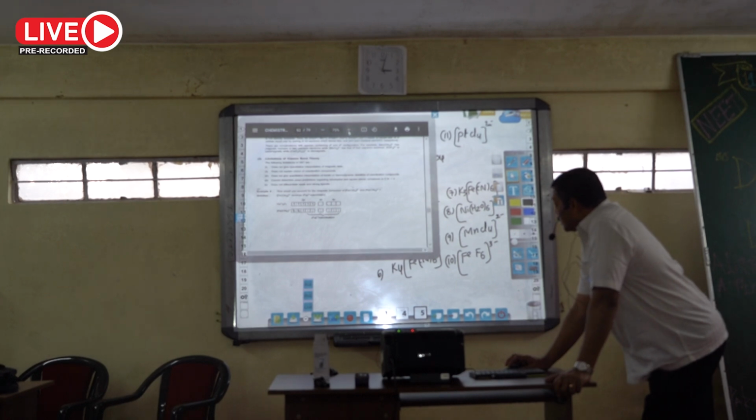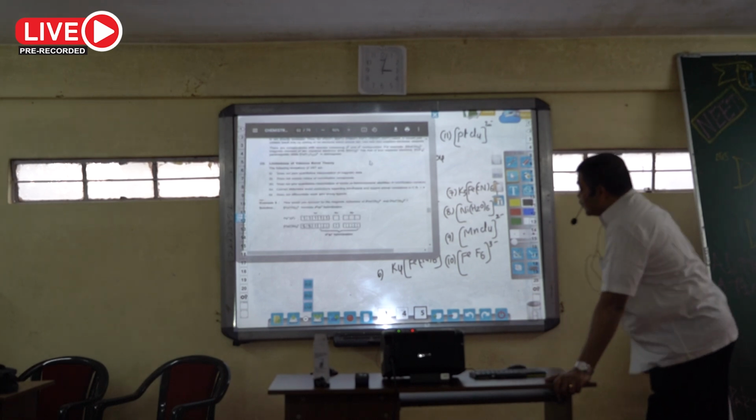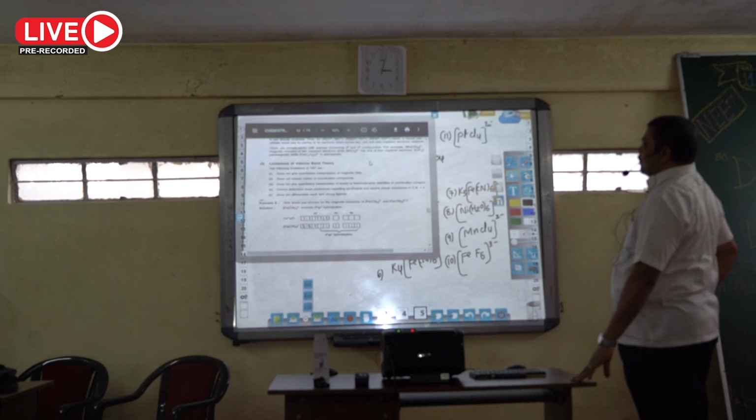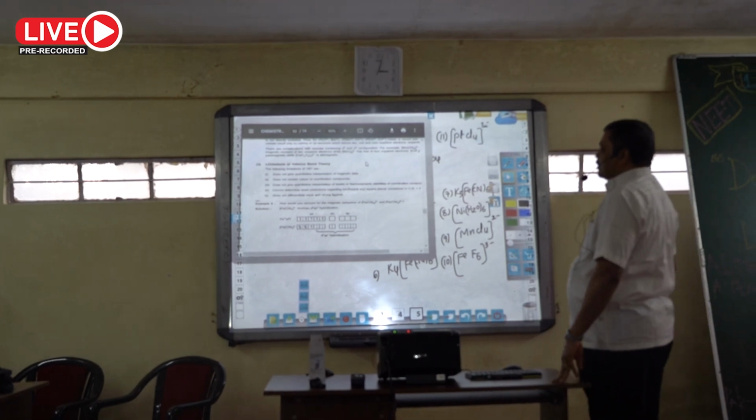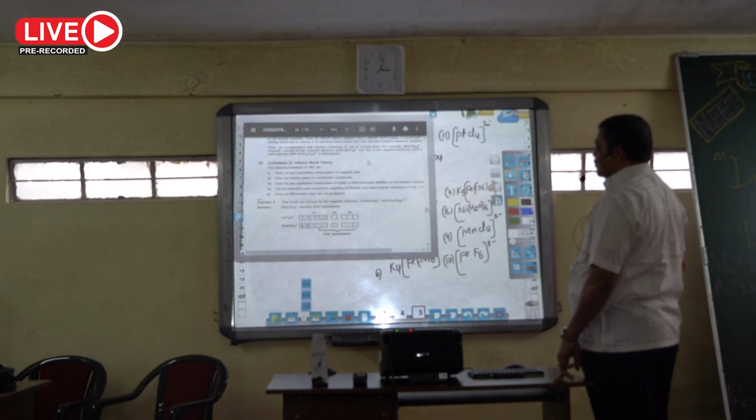Limitations of valence bond theory. Cannot explain the magnetic properties. First point you write. Cannot explain the magnetic properties and the color of the complex.